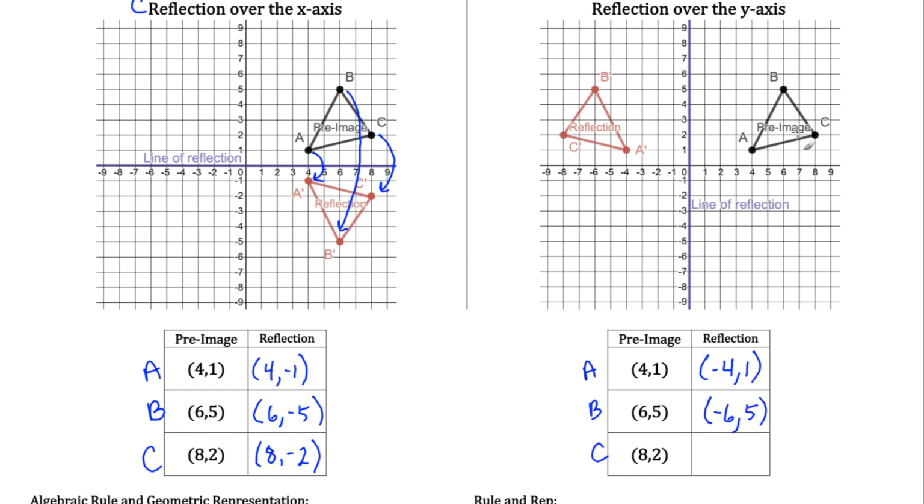And 8, 2 became negative 8, 2. Alright, remember we flipped A over the y-axis, B over the y-axis, C over the y-axis.